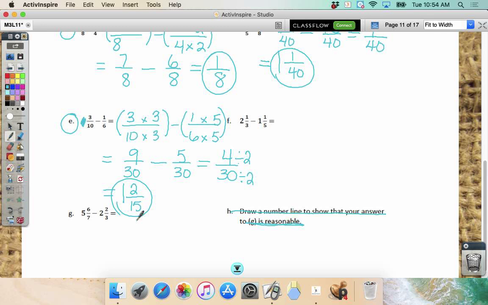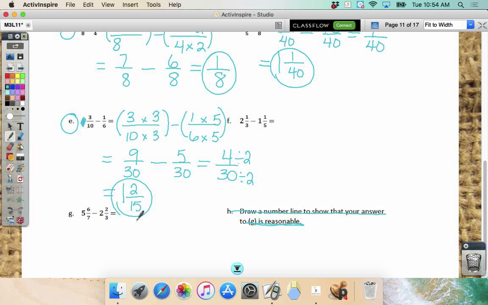So we would write 2 minus 1 and 1/3 minus 1/5. And that is an option. We just move the whole numbers to the front and the fractions to the end. So if you find yourself getting confused with the whole numbers, do that.